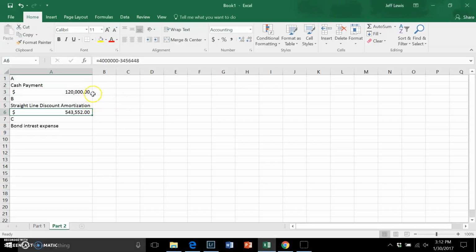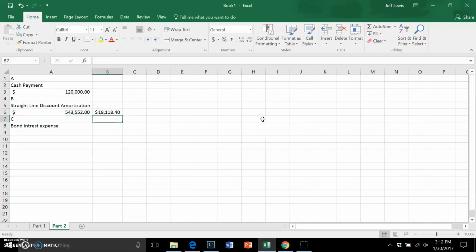So then you need to amortize this discount over the periods. So there's 30 semi-annual periods, and to do this you're going to take the total amount of the discount and divide by the number of periods, so that's 30, and then that gives you this number, and this is the straight line discount amortization.